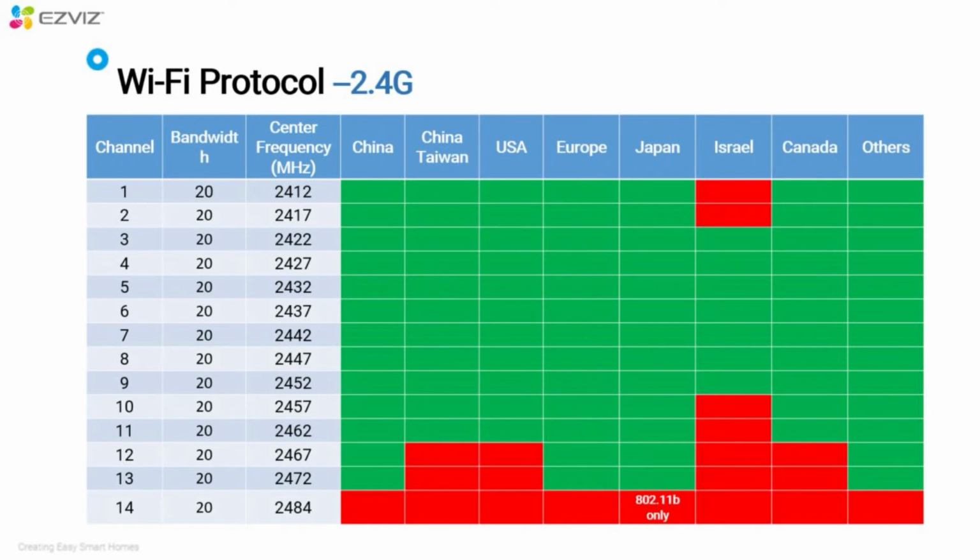In different countries, we use different channels in the 2.4 GHz band. So normally in China, we use channel 1 to channel 13. And other areas and countries are different. You can refer to this form.